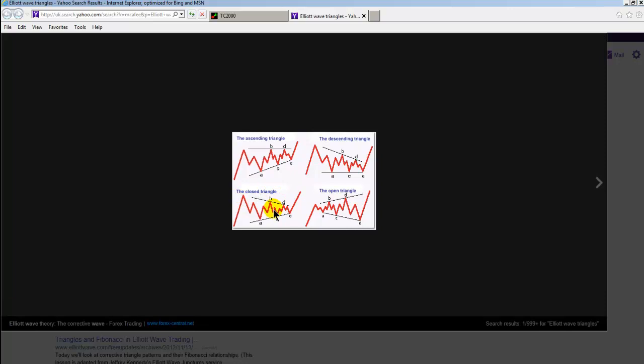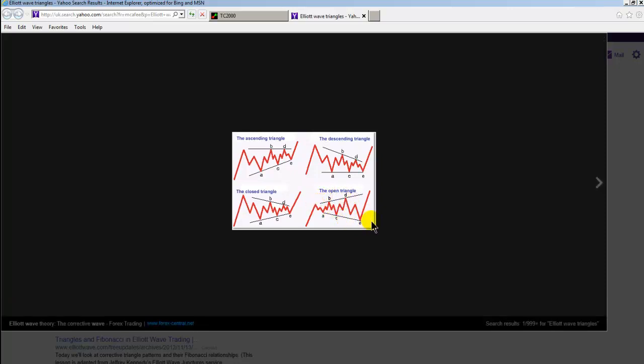We have lower tops and higher lows, and then we have the expanding triangle. In this case, you can see that we have higher tops and lower lows. Higher tops and lower lows. This is the open triangle, what we call an expanding triangle.